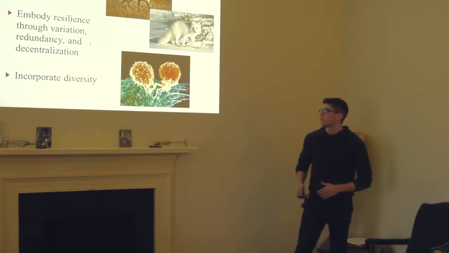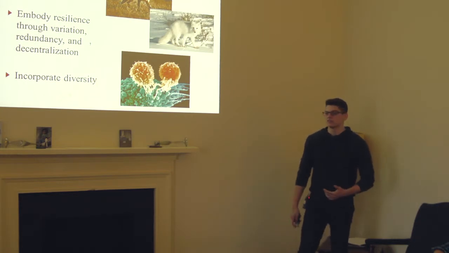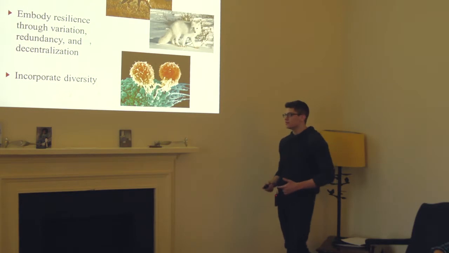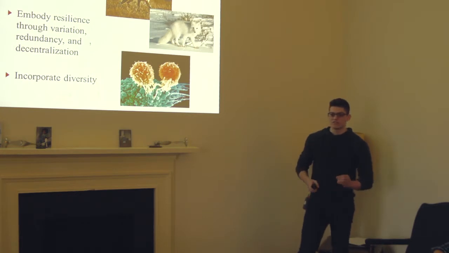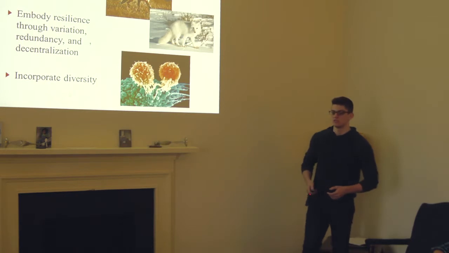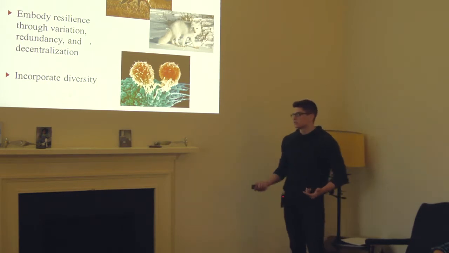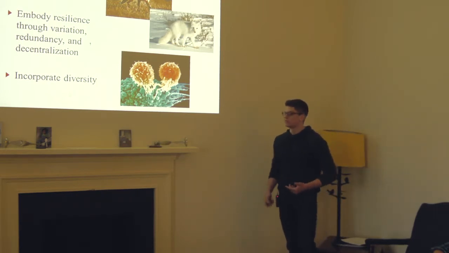So that's what we're talking about with variation. The immune system has different types of cells. It's adapting. Has variation. Redundancy, it's not just one thing. You have tons of cells. They're all there. If a few die, it's not a big deal. And decentralization, you can't have one control center. You need everything to operate on its own, which these cells in this system do a good job of. If you look at the central nervous system, not so much. If you have a brain injury, all your other systems are affected.